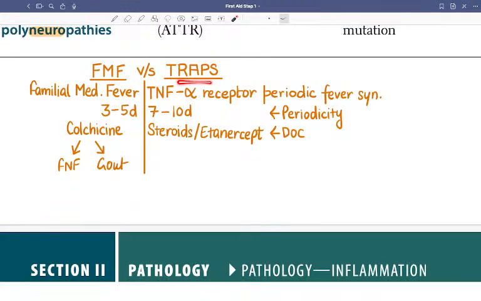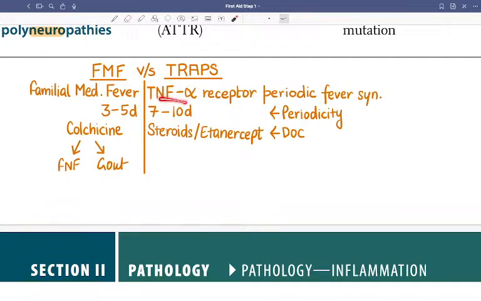While TRAPS, full form TNF alpha receptor periodic fever syndrome, has 7 to 10 days periodicity, drug of choice steroids and etanercept. Colchicine is used in FMF as well as gout. Etanercept is also used in rheumatoid arthritis, a biological. So steroids, etanercept, drug of choice, 7 to 10 days periodicity.